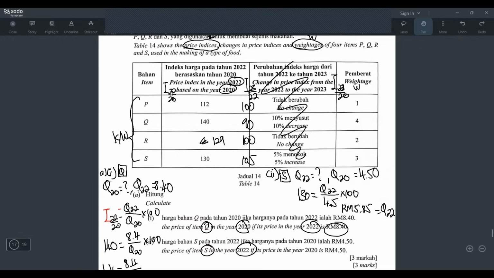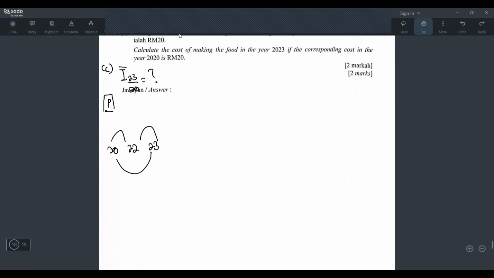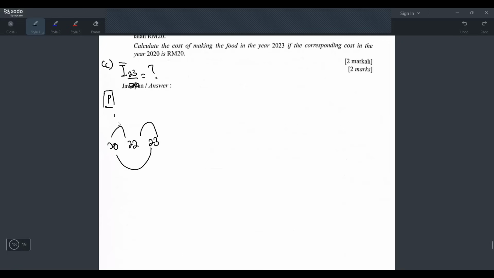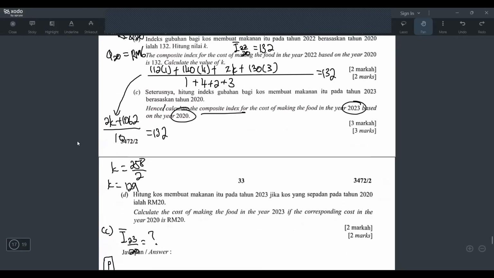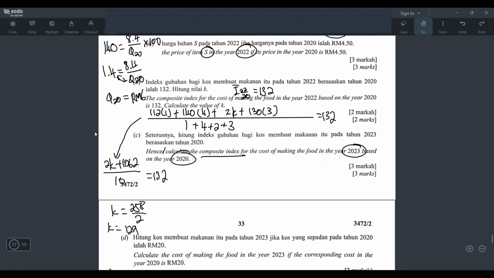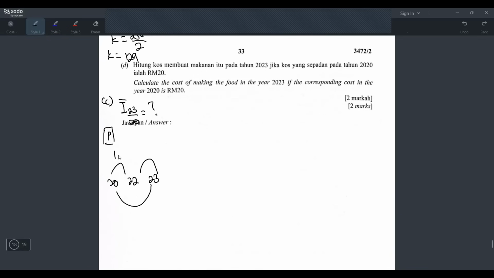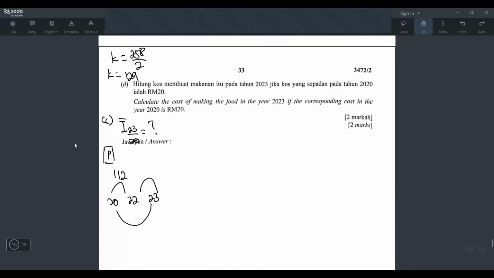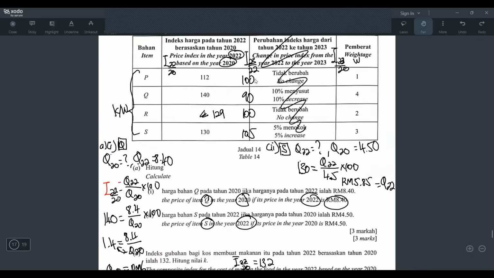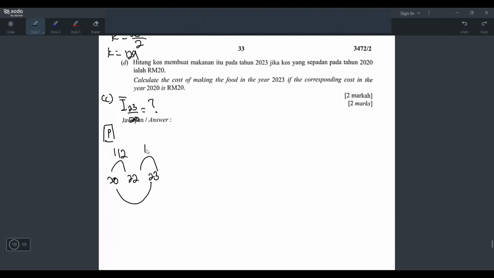The 112 is for 2220. Okay, correct. And then the next one, 100 is for 2322. So this one is 100.